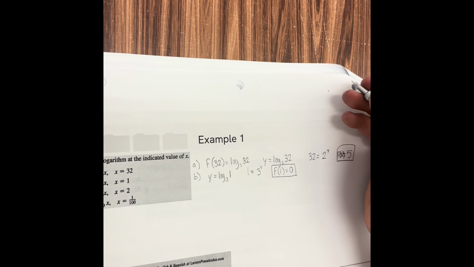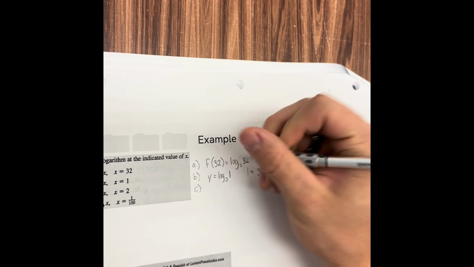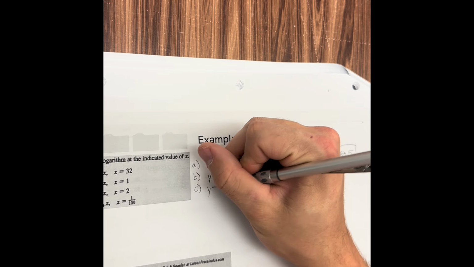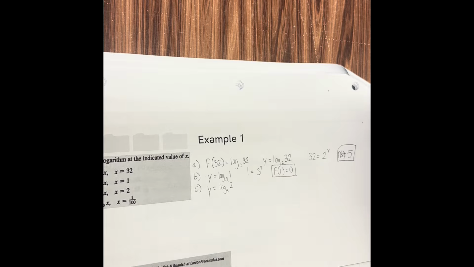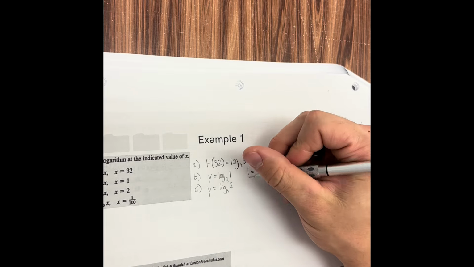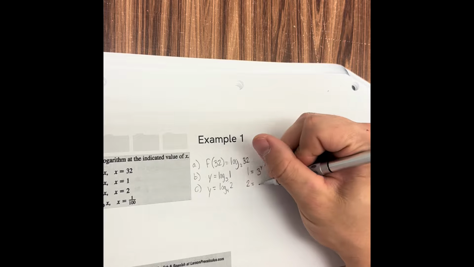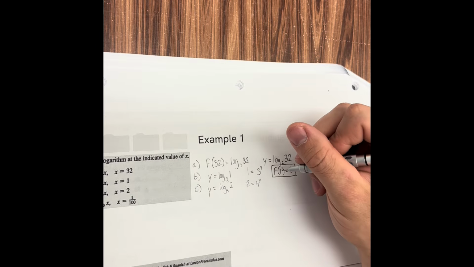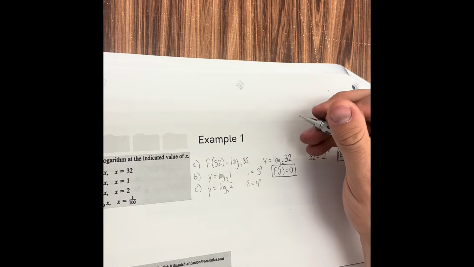All right, letter C. We have y equals log base 4 of 2. This time we have 2 equals our base 4 to the power of y. So 4 to the power of something equals 2.